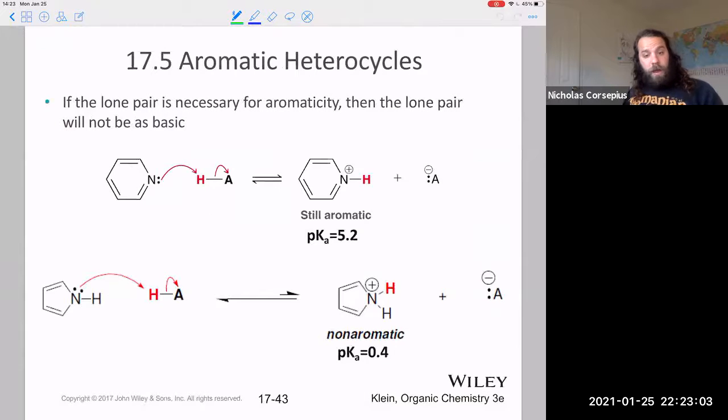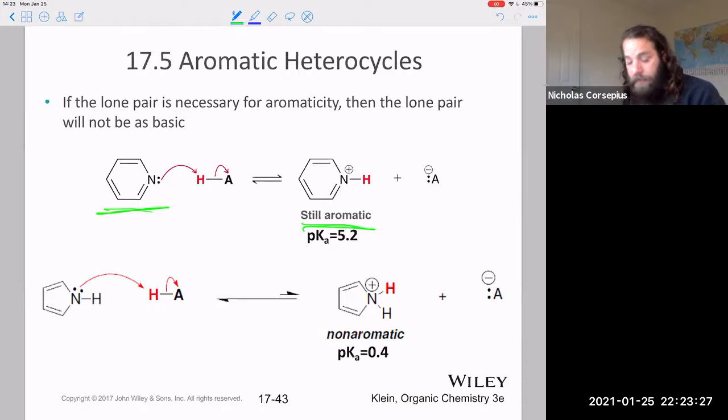And again, these properties are going to be illustrated in the basicity of these compounds, so in this case, their willingness to accept a proton and get a positive charge. Pyridine is a pretty good base, and that's because when it does accept a proton, it's still aromatic. It hasn't messed anything up.